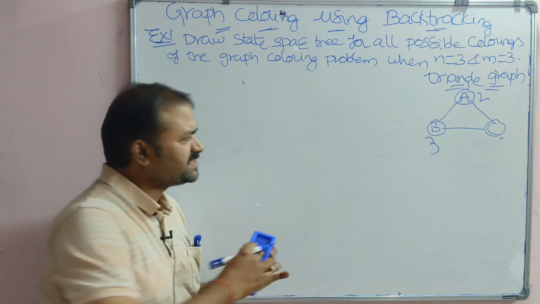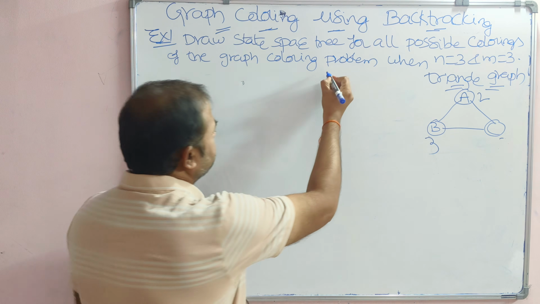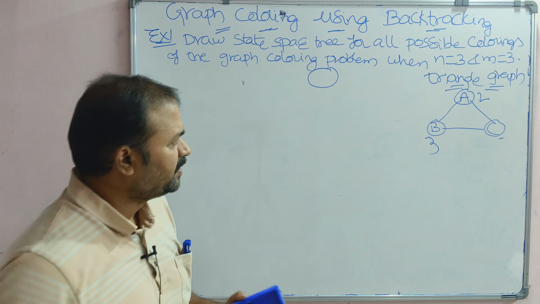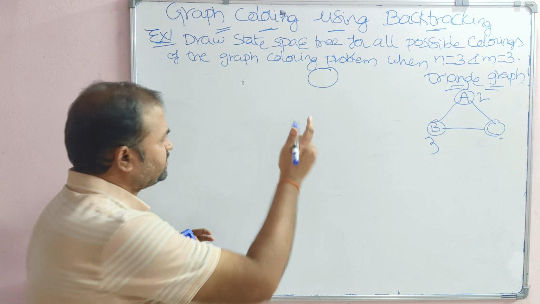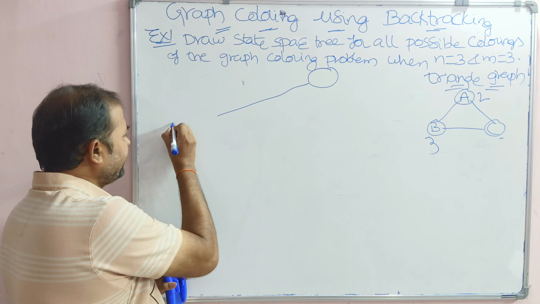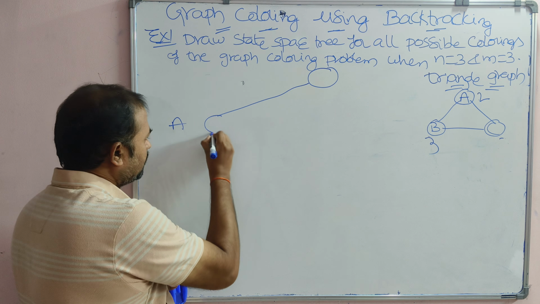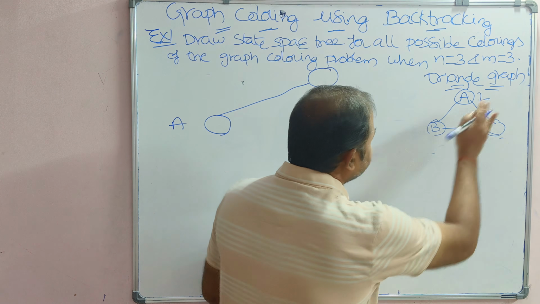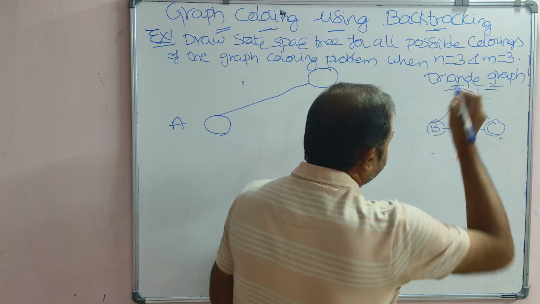So let us construct the state space tree. First it starts with the root node. Next, its first child is A. We can color vertex A with color 1.